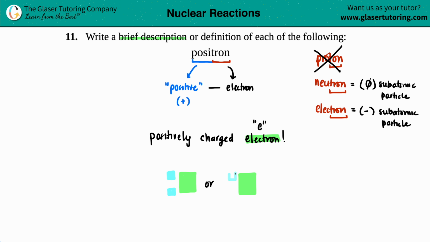The number on the top represents the atomic mass. And we're going to put an E here. But remember, electrons are not in the nucleus; they're outside the nucleus, and the atomic mass is everything from the nucleus.